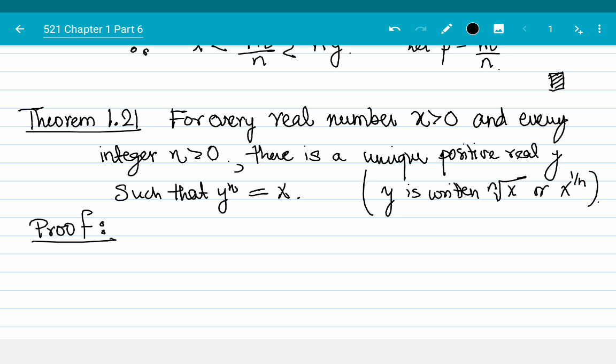Okay, so now, since we are dealing with positive real numbers, the fact that such a number is unique is pretty easy.